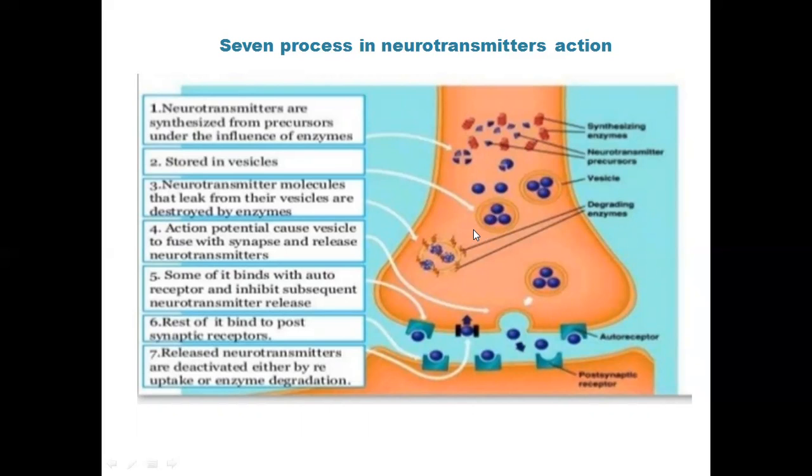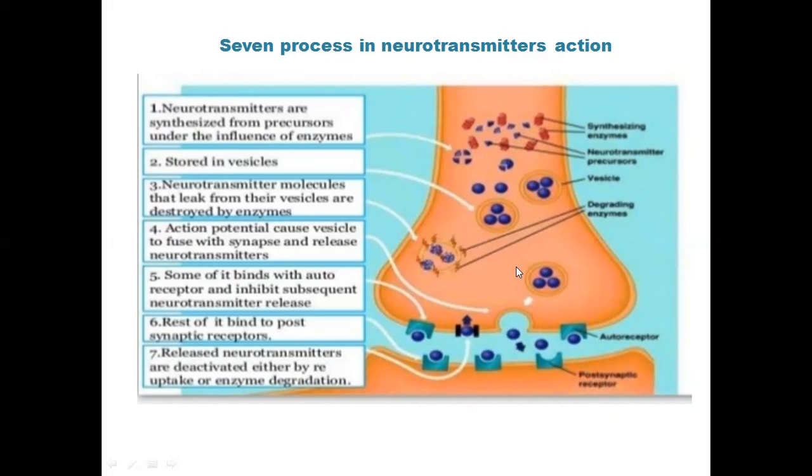The next step is that neurotransmitter molecules that leak from their vesicles are destroyed by enzymes. Here we can see the leaked vesicles and the neurotransmitters being destroyed by enzymes.